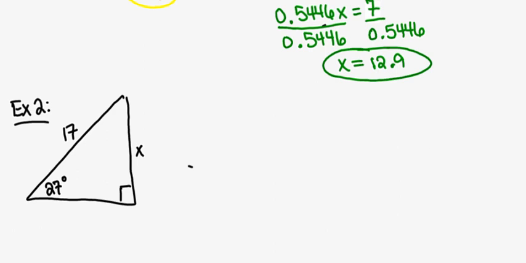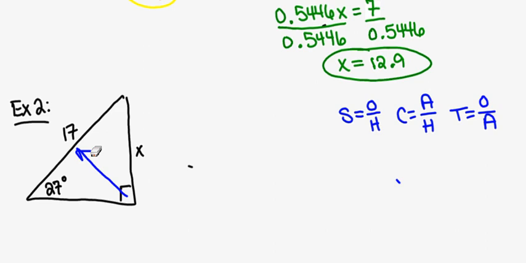So again, I'm working with my SOHCAHTOA. Once again, I've got my 3 trig functions: Some Old Horse, Caught Another Horse, Taking Oats Away, or SOHCAHTOA.